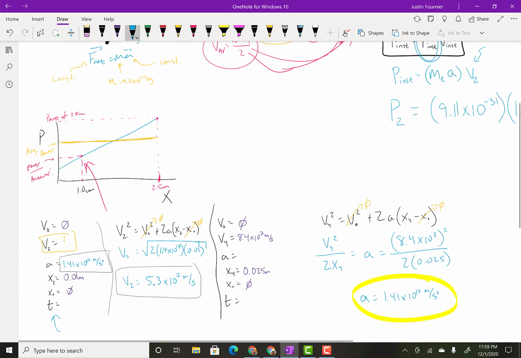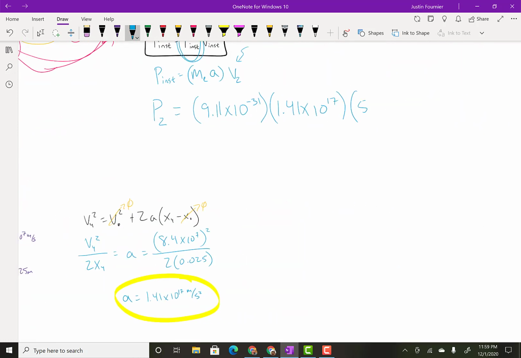And the instantaneous velocity was 5.3 times 10 to the 7 meters per second. So lastly, plugging all this in: 9.11 times 10 to the negative 31 times 1.41 times 10 to the positive 17, that's a big number, times 5.3 times 10 to the 7.